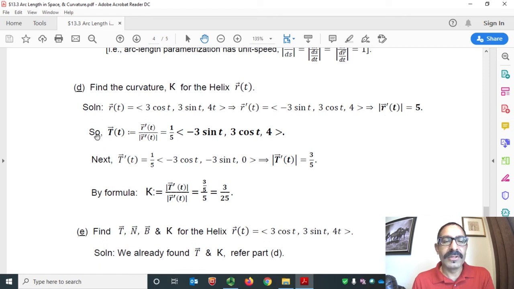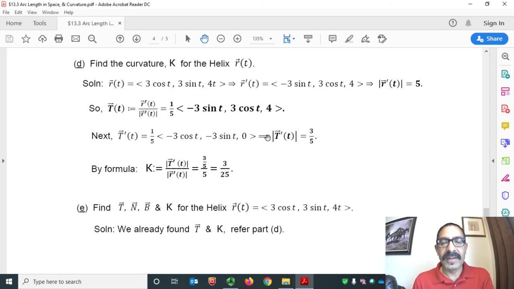So the unit tangent vector T equals, by definition, the ratio of r prime over the magnitude of r prime, which is just dividing r prime by 5, so 1/5 times negative 3 sine t, comma 3 cosine t, comma 4. Next, find the derivative of the unit tangent vector T and find its magnitude, which turns out to be the magnitude of T prime equals 3/5.